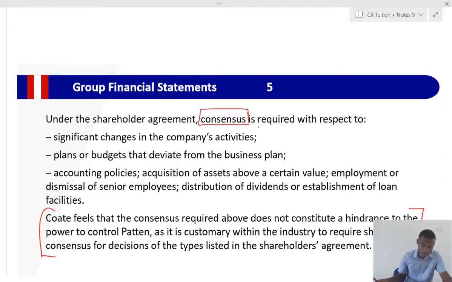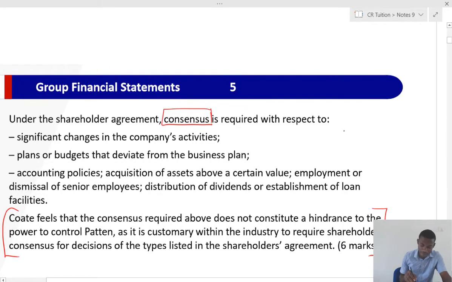So there should be a mutual agreement concerning significant changes in the company's activities, plans or budget that deviate from the business plan, accounting policies, acquisition of assets above a certain value, employment or dismissal of senior employees, distribution of dividends, or establishment of loan facilities. Now, on the face of this, you would see that these are restrictions to power over Manis.